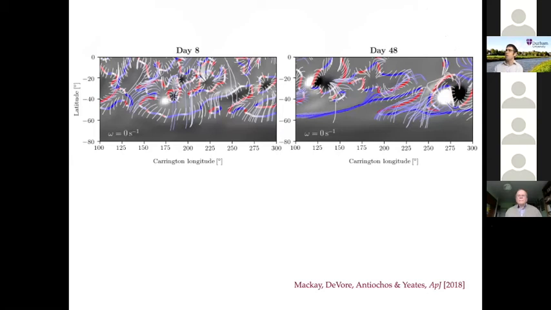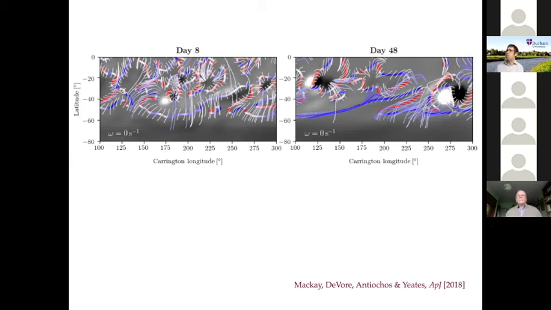So here I'm showing you the control case, the original model where we don't have this extra injection. Hopefully you can see there's a long, roughly east-west inversion line where it's strongly blue, so strongly negative helicity, even though it's in the southern hemisphere. So this would be one of those exceptional regions.